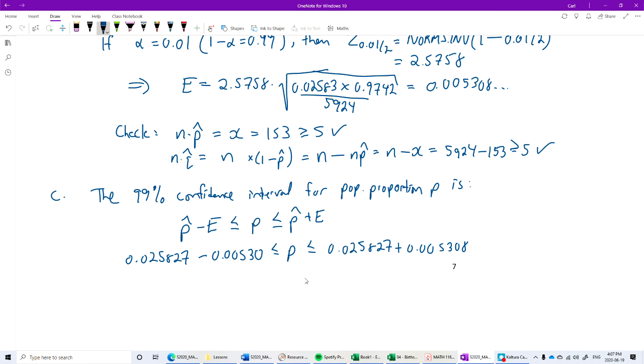I get P is less than 0.0311 and greater than the same numbers but subtracting, 0.0205. So that's it. We'll leave it rounded to 3 digits, since it would be reasonable to round it like this in this case. Okay, so that is our 99% confidence interval.